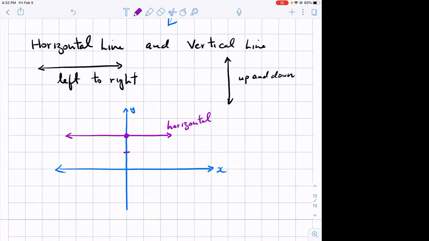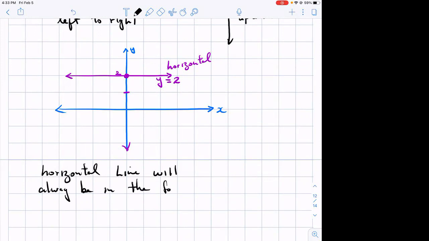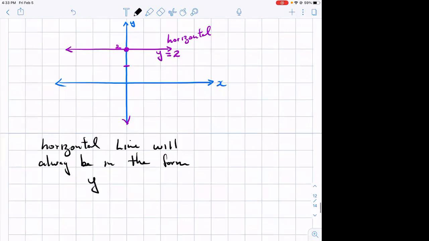So if this is 1 and this is 2, then the equation will be y equals 2. So a horizontal line will always be in the form y equals some constant c.